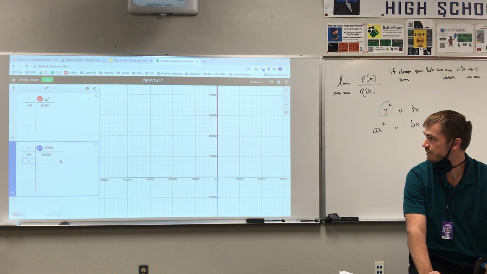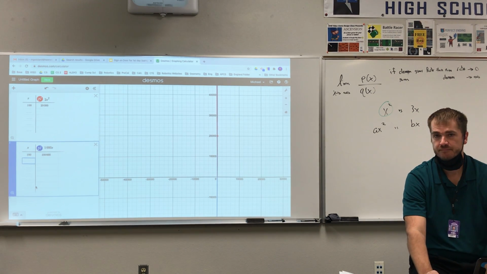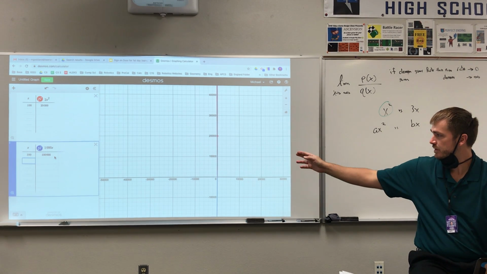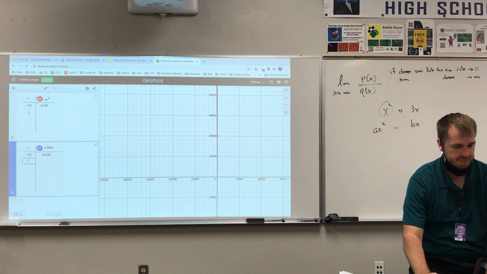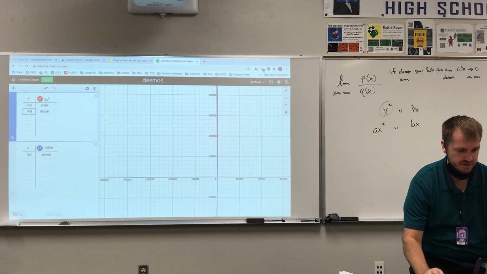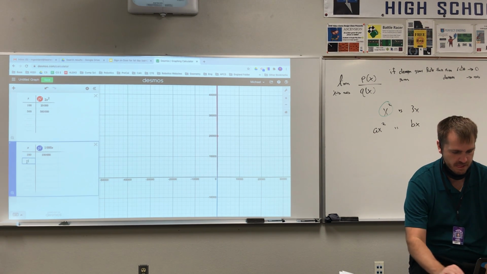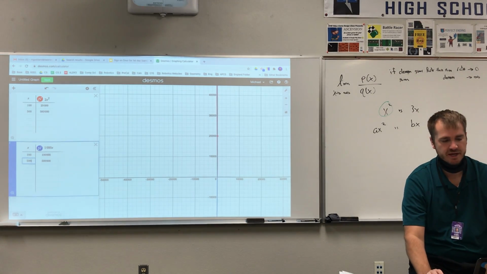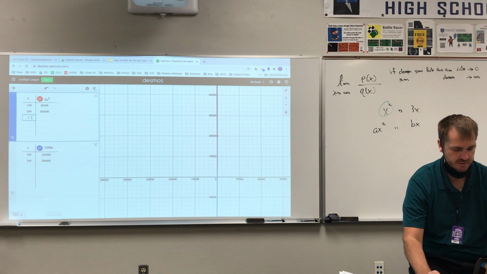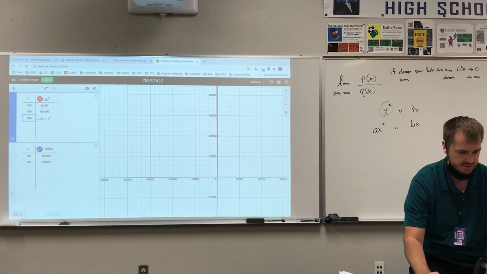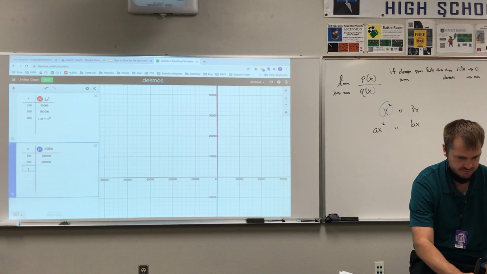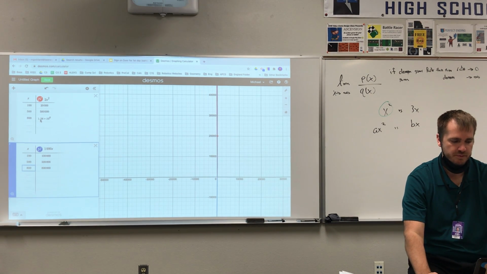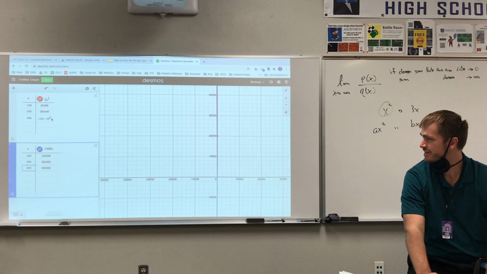When I'm at 100, whose y value is bigger? The 1,000x. Okay. What about 500? It's the same. Ooh, they're tied. The quadratic's caught up. What about 800? Yeah, the quadratic is larger.